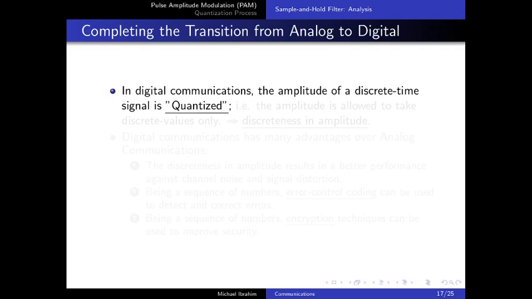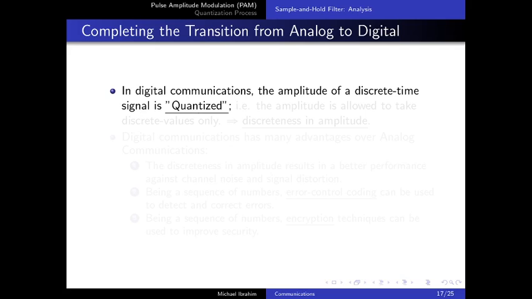That's why it's very important right now to see the other type of pulse modulation, which is the digital pulse modulation. So, in digital communication in general, the amplitude of a discrete time signal is quantized, and this is the very first and very important difference between continuous pulse modulation and digital pulse modulation. In analog pulse modulation, the amplitude is still continuous.